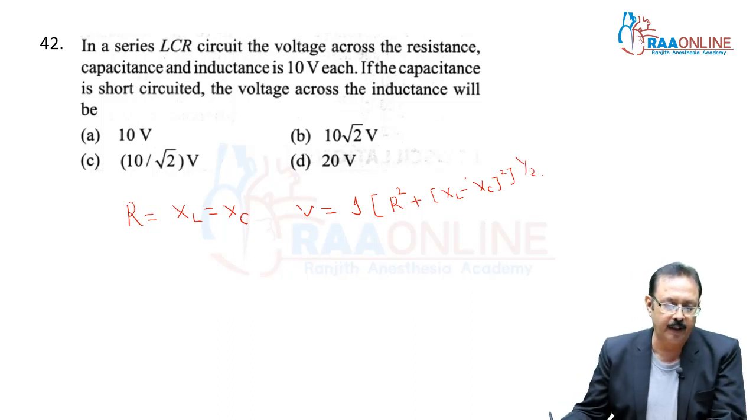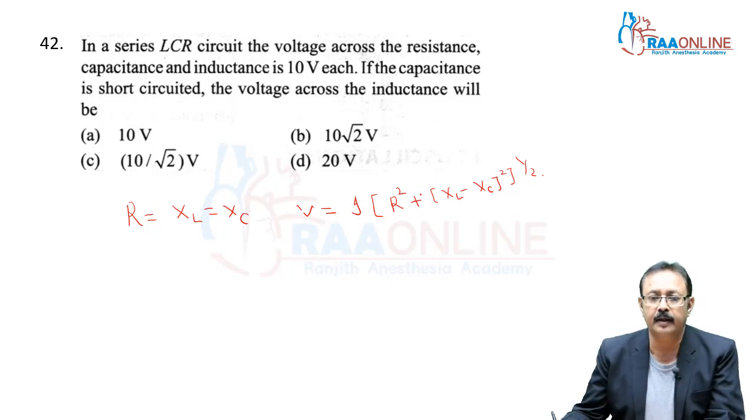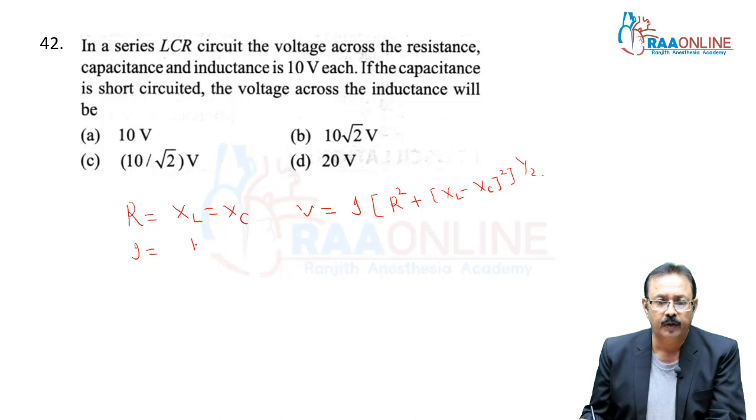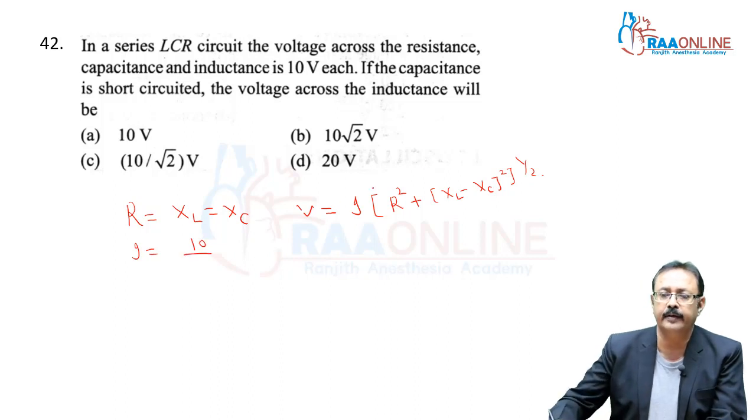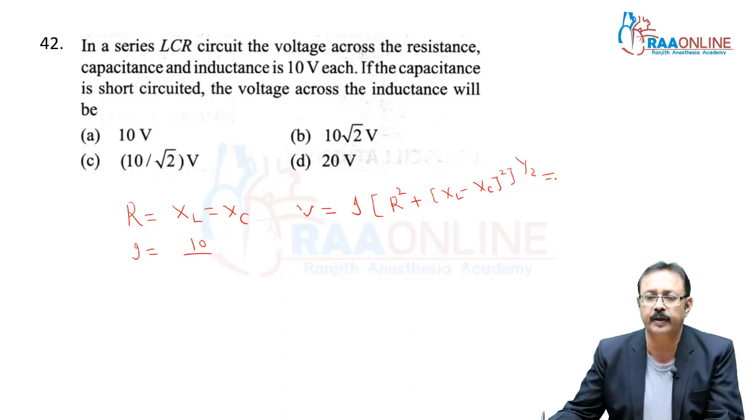But what is happening now? They are short circuiting the capacitor. So remove the capacitor. It means now they are saying all voltages are same and that is 10 volt.